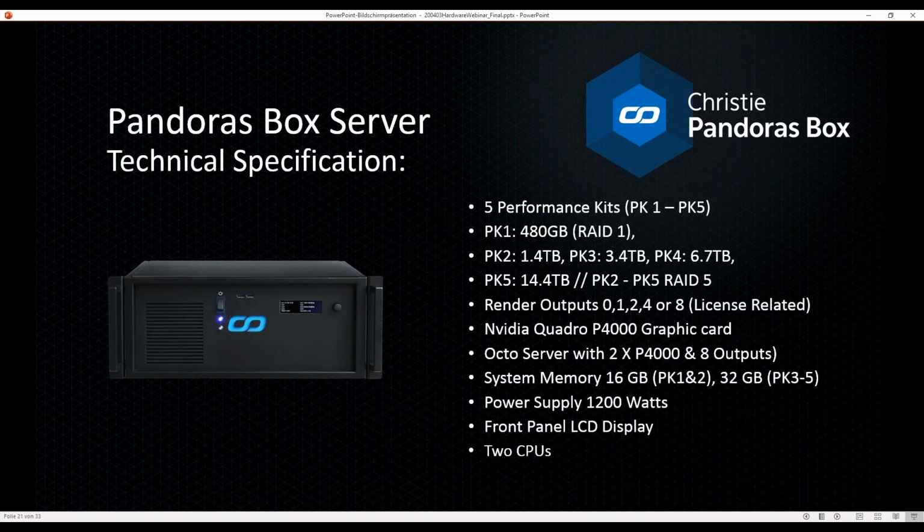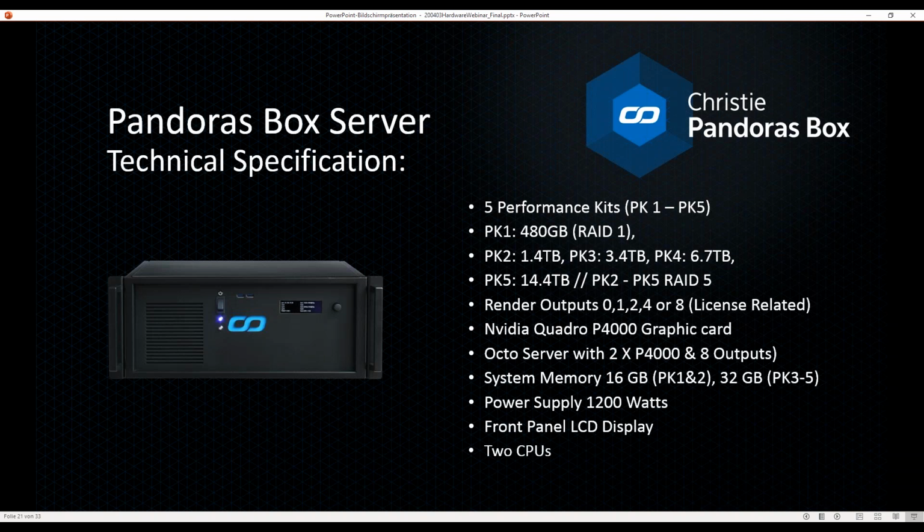Technical specifications of our server. 5 performance kits, 1 to 5. Like on the player, the PK1 has half a terabyte of storage. Then you have 1.4, 3.4, 6.7, and the PK5, the biggest machine, has 14.4 terabytes.